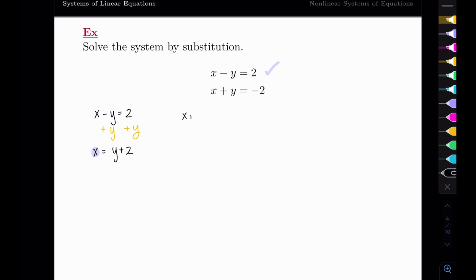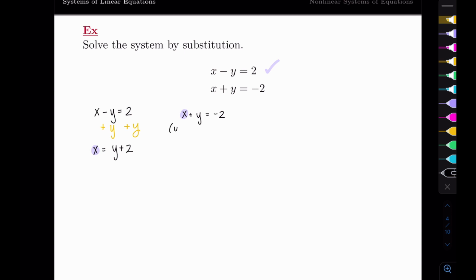Now I also know that x plus y has to equal -2, but these x's must be the same. So I'm substituting in this expression I found for x. Okay. And what that does is it's gotten rid of my x variable, and now I just have a linear equation in y, and we know how to solve this.